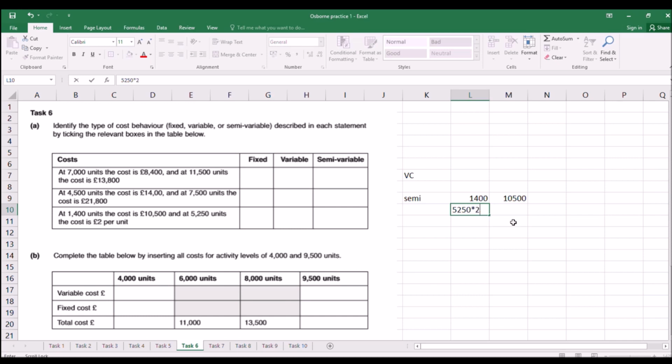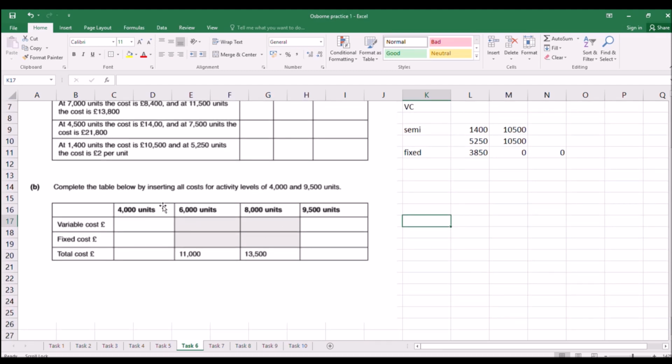Okay, just so we can be a tad awkward. So the same figure, just to make you do a calculation, and we take one from the other, just for completeness, and that's 0. So the variable cost is 0, and it's all fixed cost. So the last one is fixed. Okay.